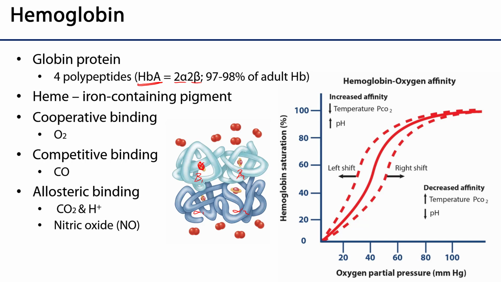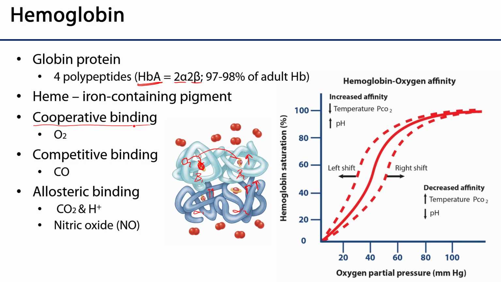And so, as diatomic oxygen bonds to one group, the affinity for oxygen at other groups increases. And as more oxygen binds to groups, the affinity for oxygen of these other groups increases even more. That is what we mean by cooperative binding. You get some oxygen and you want more oxygen.